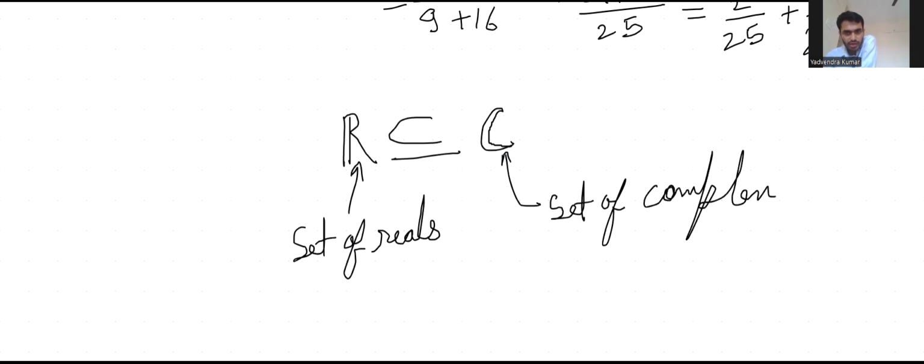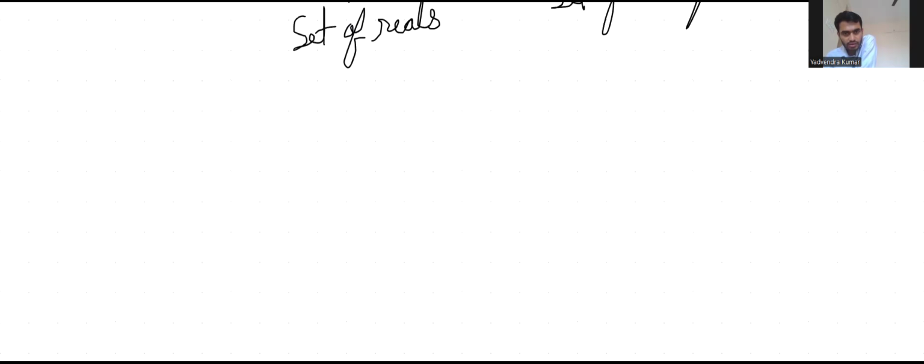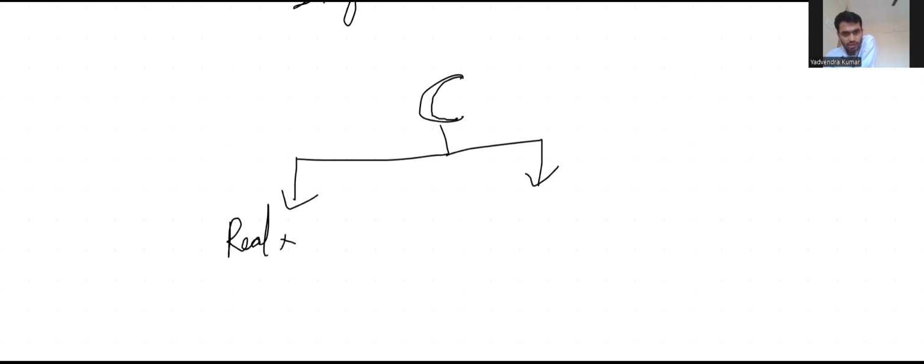So if you come to the classification of C, by which we denote complex numbers, it comes in two types. One is real numbers and another is imaginary numbers.